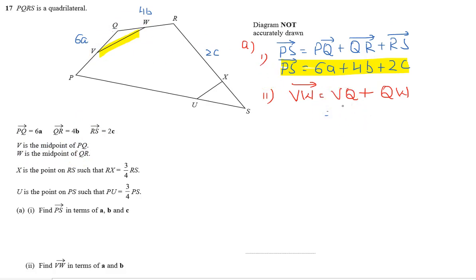So this is PQ over 2, and this one, QW, is QR over 2. So VW will be, PQ is 6A, so it will be 3A, plus QR is 4B, so that is 2B. So that is the answer of second part of question number A.